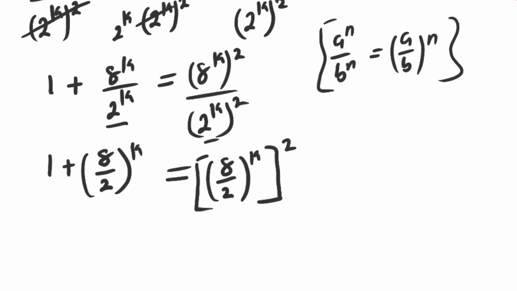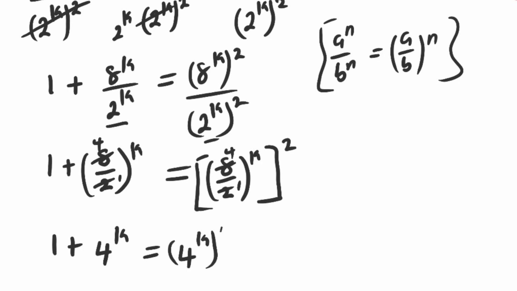Now here we have 1 plus 8 over 2, which is 4 raised to power k, is equal to 4 raised to power k all squared.